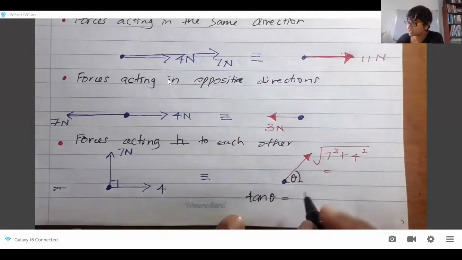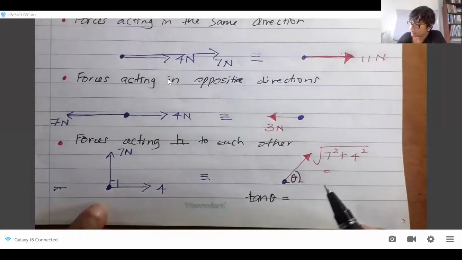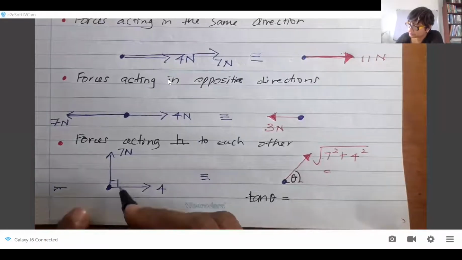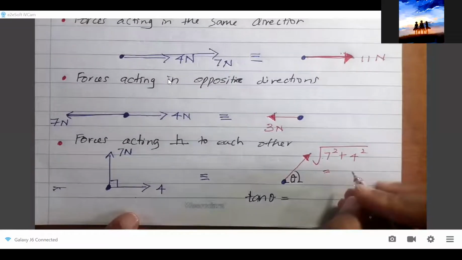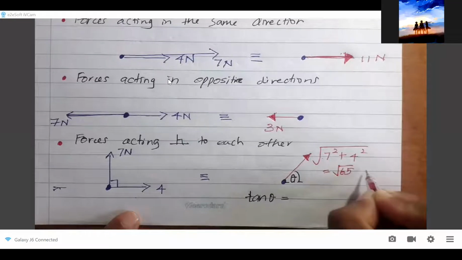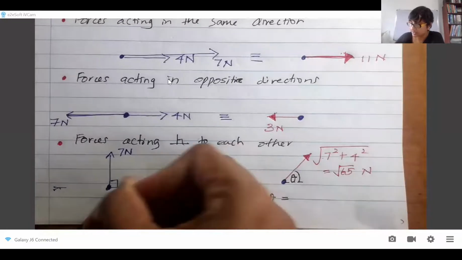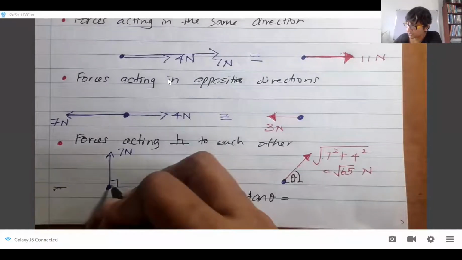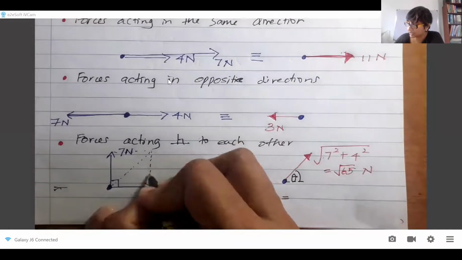That is square root 65. Good. Square root 65 newtons. Then tan theta. If you think of a right angle triangle, if I just draw, I don't want to mess this diagram, but if you draw like this, this can complete a parallelogram.